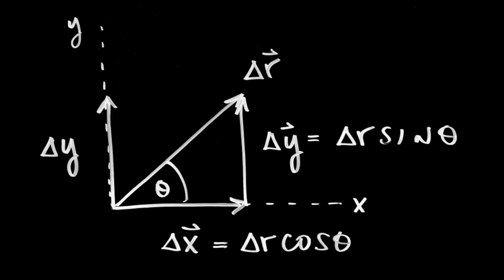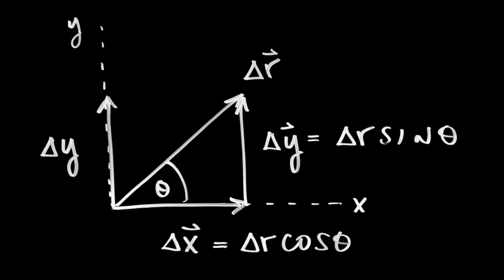That is, there's an aspect of delta r that is along the x-axis. There's also an aspect of delta r that is along the y-axis. I'll call that delta y. This displacement has 2 parts to it. It's got a sideways part, it's got an upways part.